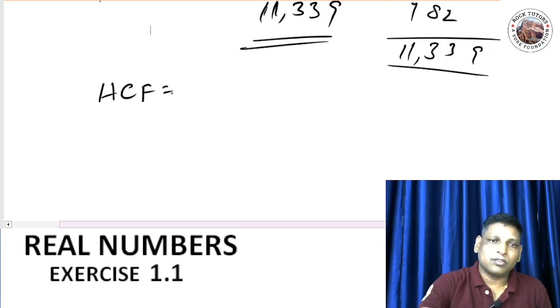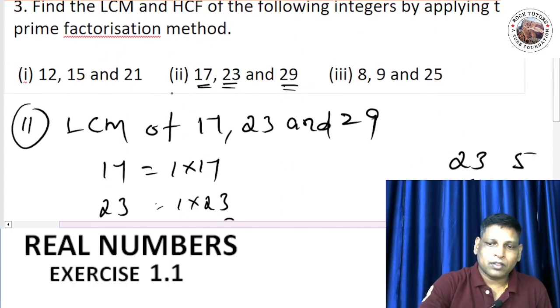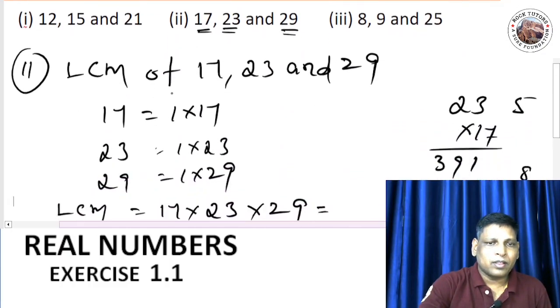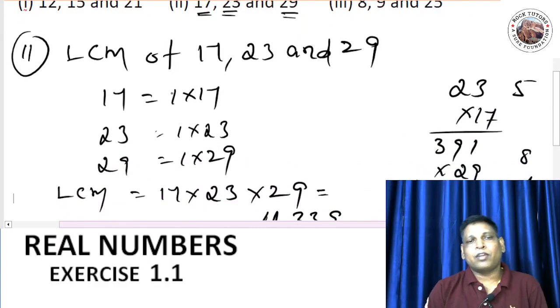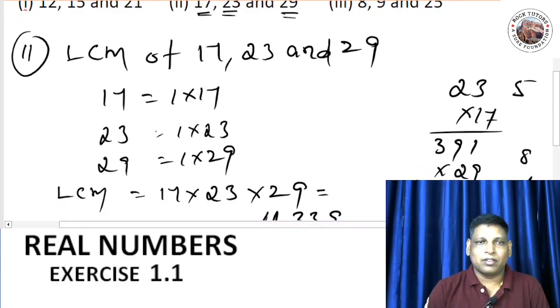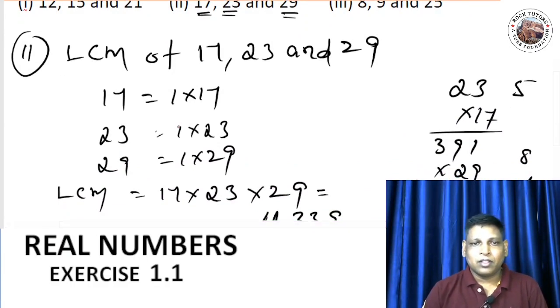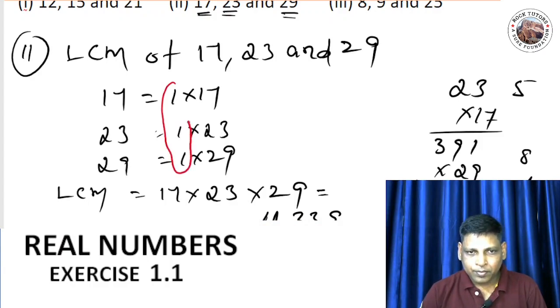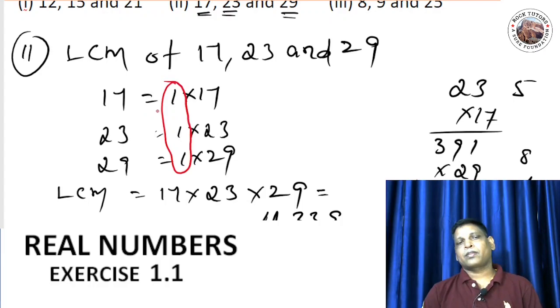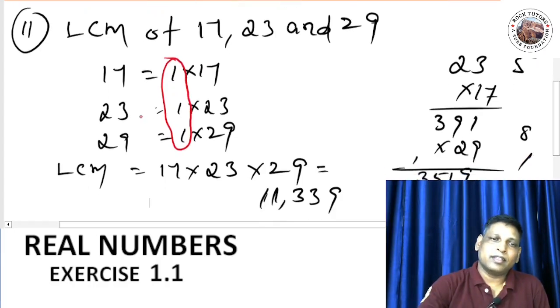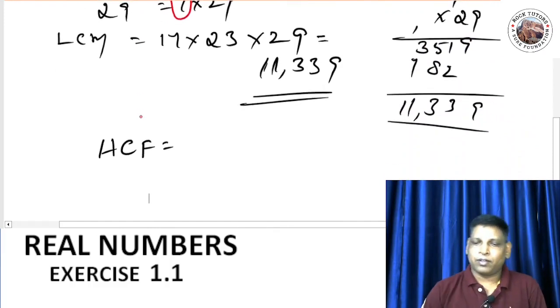In this case, HCF is 1. Here only 1 is the common factor. So we can write, HCF is 1.